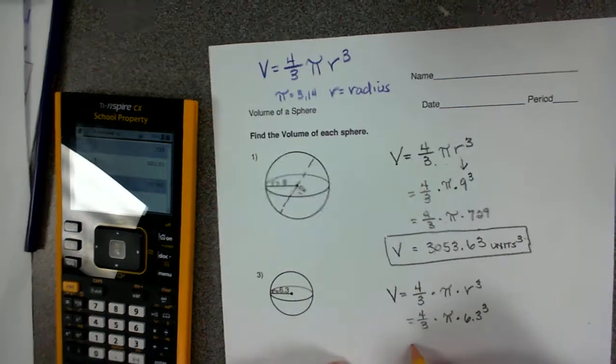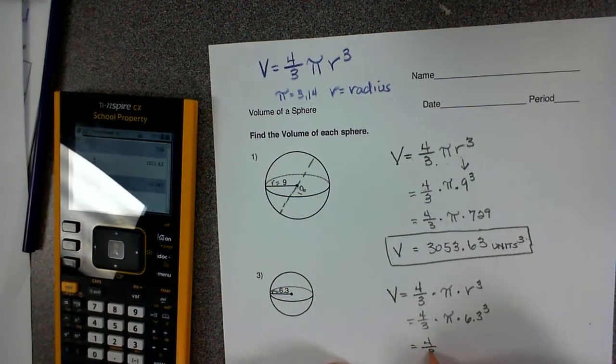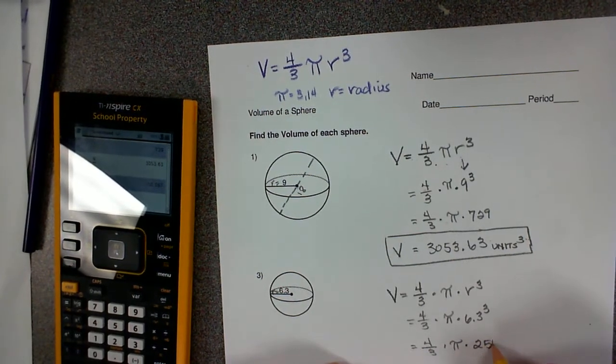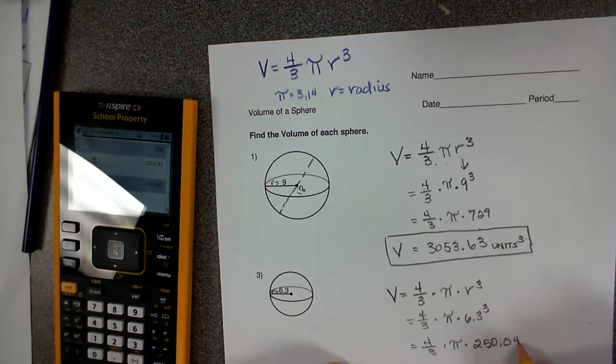Again, fair answer choice. The next step would be 4/3 times pi times 250.047.